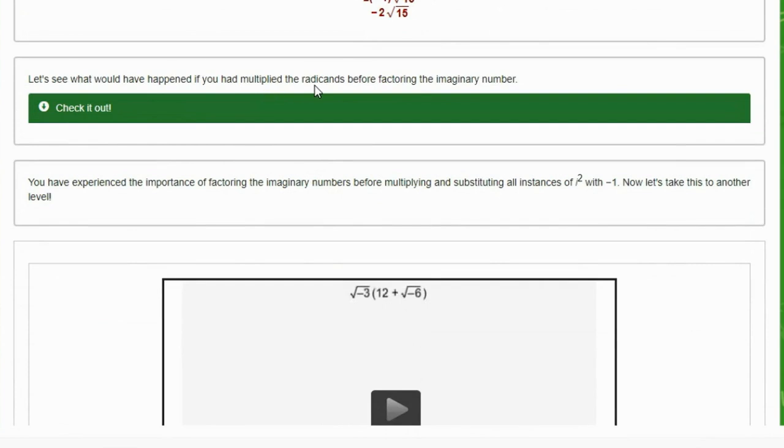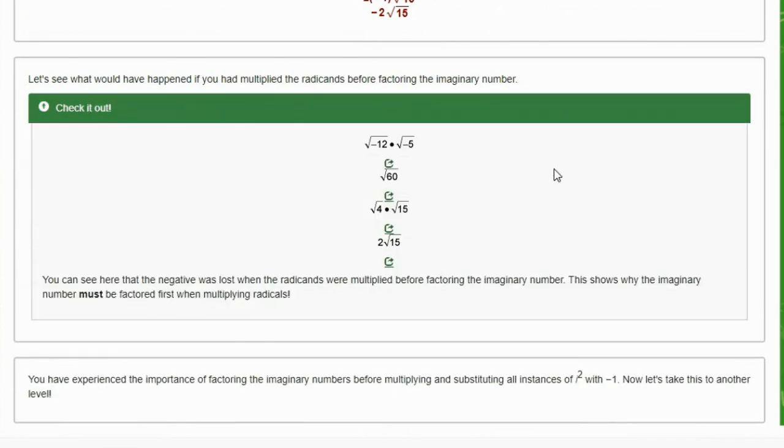What if you had multiplied the radicands before factoring? Oh, there you go. So what if we multiplied negative 12 times negative 5? We would have got the answer wrong because negative times negative is 60. So we would just be simplifying the square root of 60. We would have forgotten there's a negative out front.